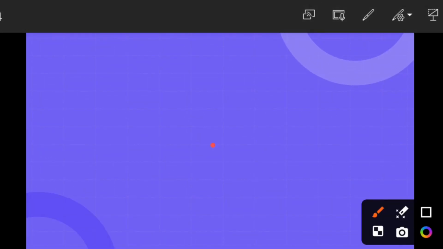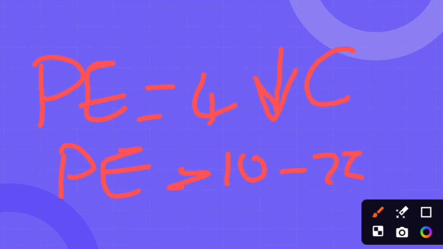If the PE is in between 10 to 25, it shows the company has the potential to grow in future. And if it is more than 25, then it is overvalued.